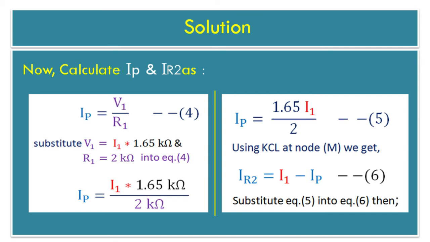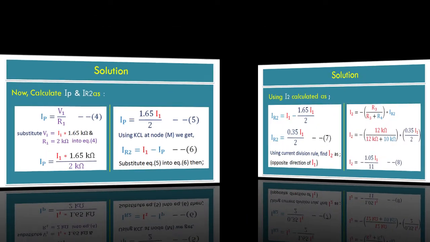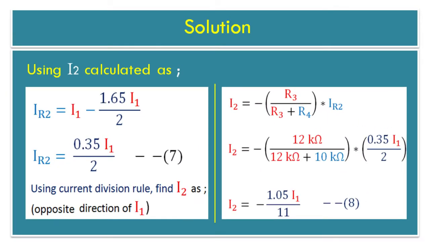Let's use KCL at node M. We get current IR2 is equal to current I1 minus current IP, which is given by equation 6. Substitute equation 5 into equation 6. We get current IR2 is equal to 0.35 I1 divided by 2, which is given by equation 7. Now using current division rule, find current I2 as, please note that current I2 is in opposite direction of current I1.